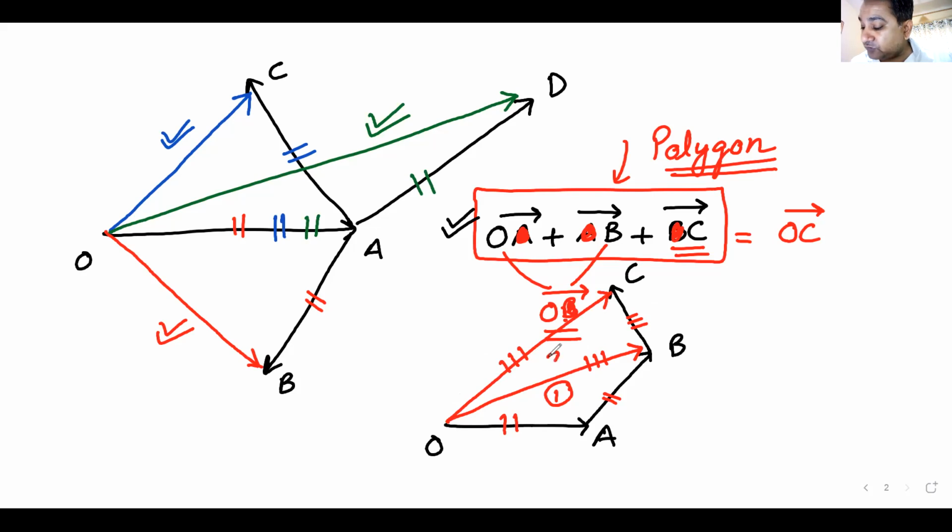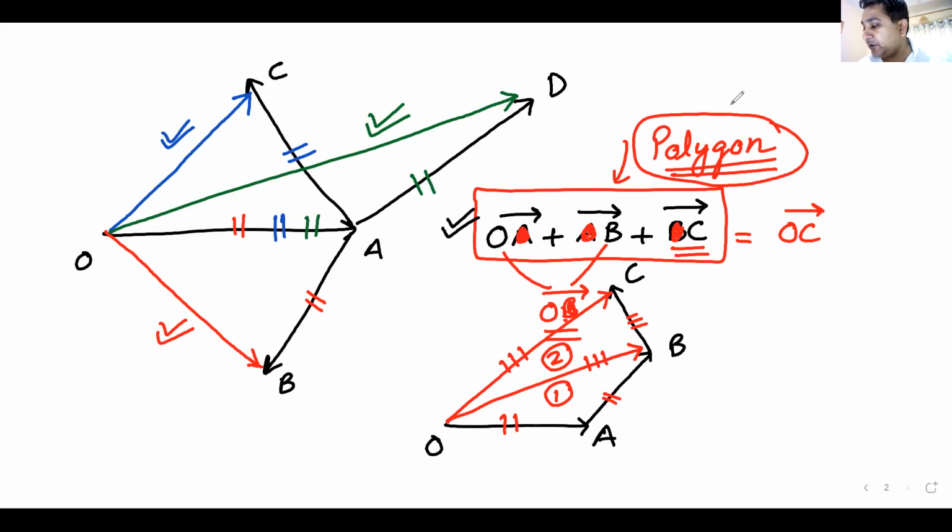So now I have used the triangular law a second time. Basically, triangular law used more than one time becomes your what? Polygon law. Am I clear?